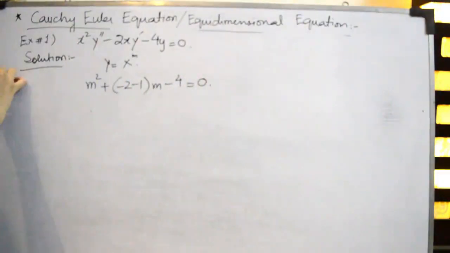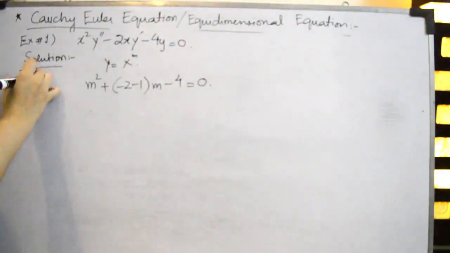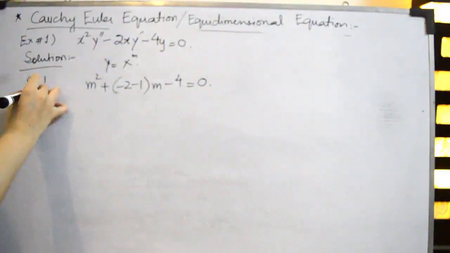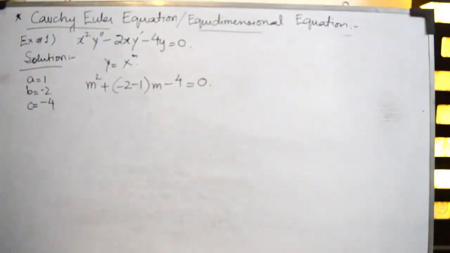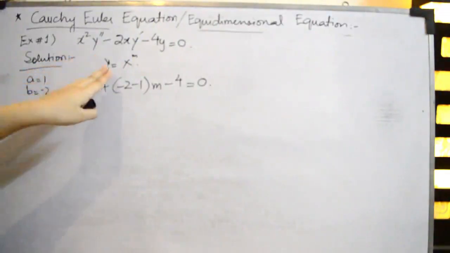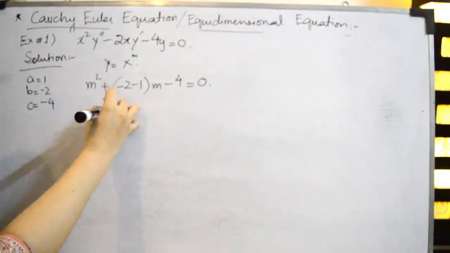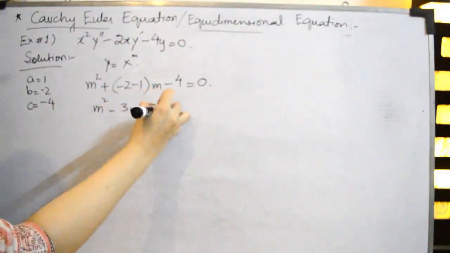Here a is 1, b is minus 2, and c is minus 4. Or you can do this substitution and solve it all. So that makes it m square minus 3m minus 4.